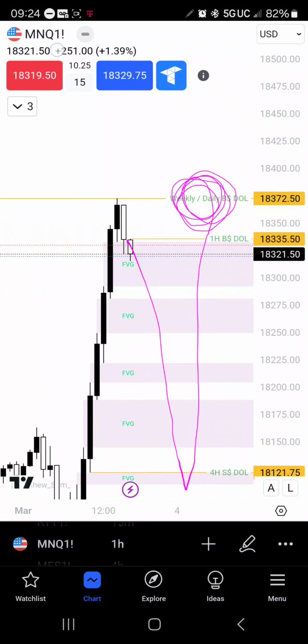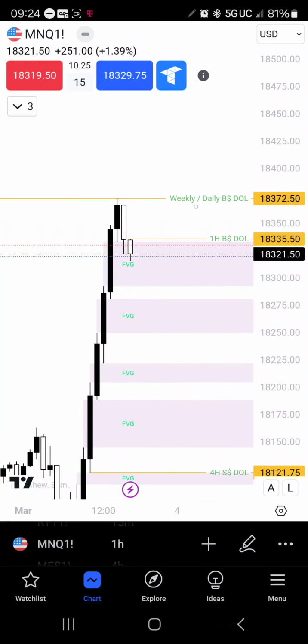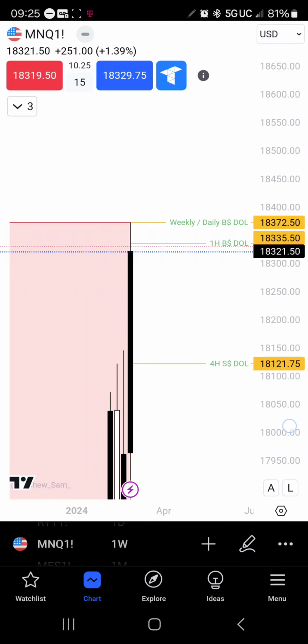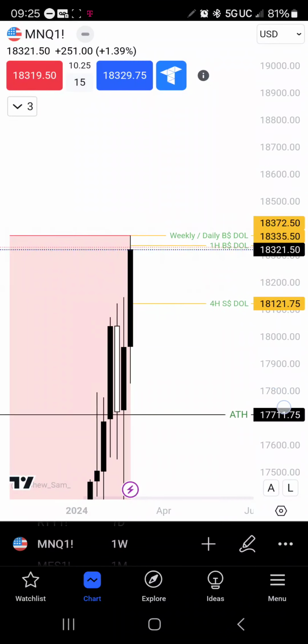But if not, then we know that the market will go ahead and meet that buy side draw on liquidity and begin to work its way down because, again, we did break all time highs and eventually we're going to need to begin to pull back.